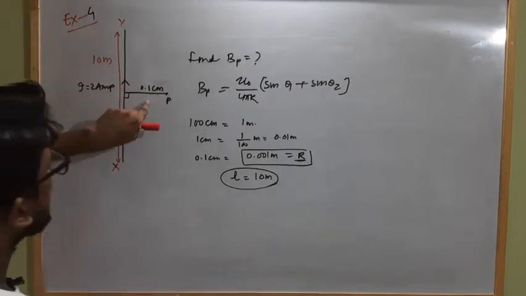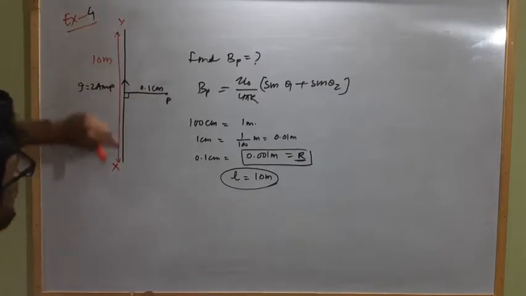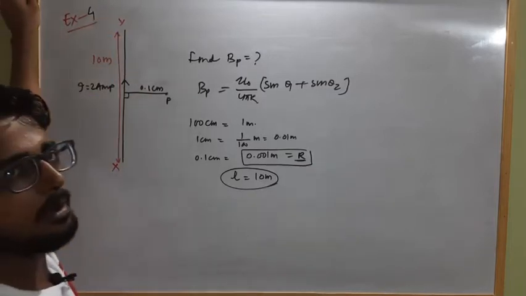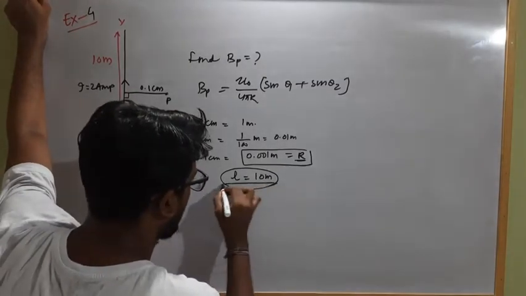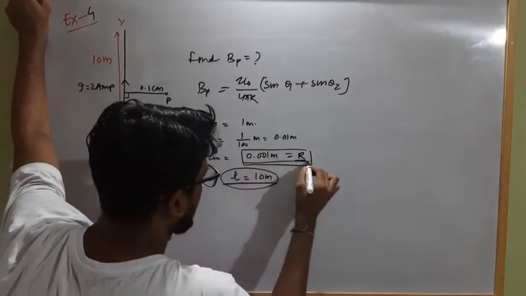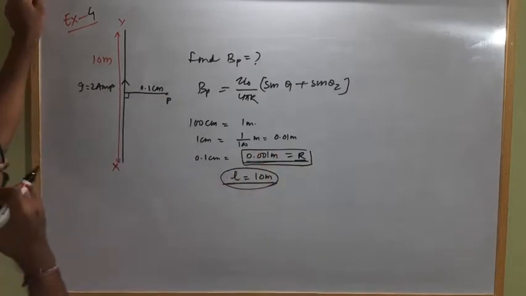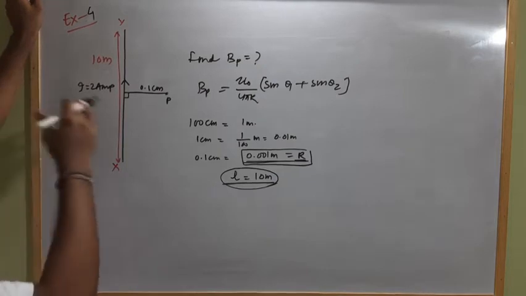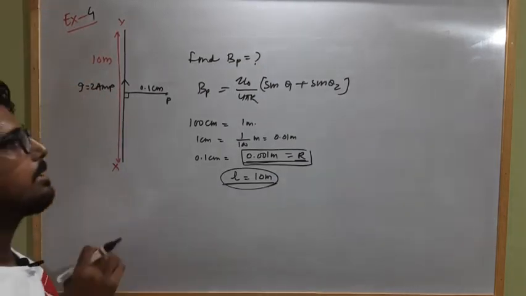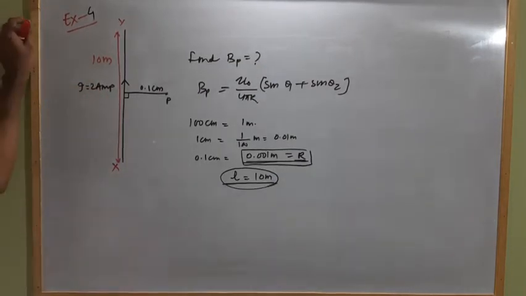So the length of this conductor can be considered as an infinite long straight conductor, as in comparison to the length of this current carrying conductor, the distance of the point of observation is very less. So for this point of observation, this long straight current carrying conductor can behave as a what? Infinite long straight current carrying conductor.